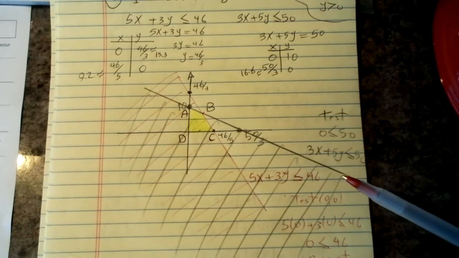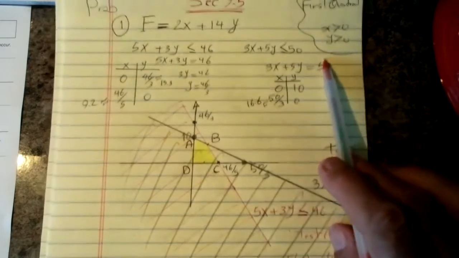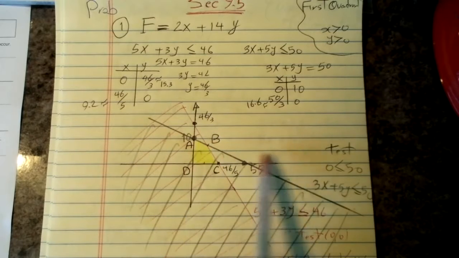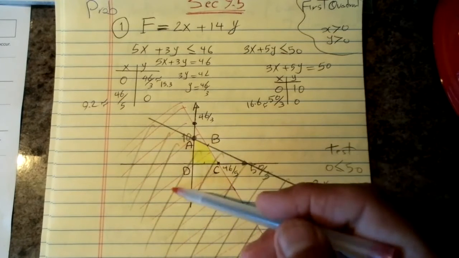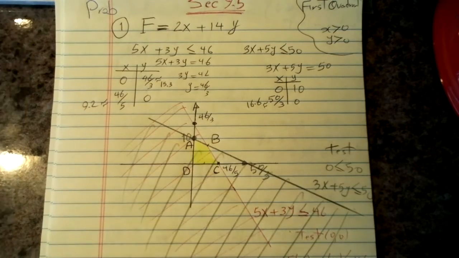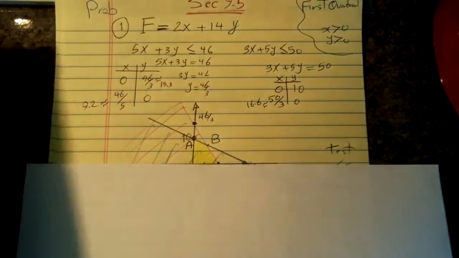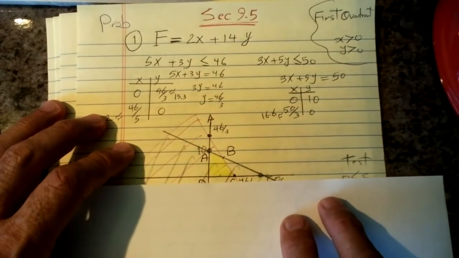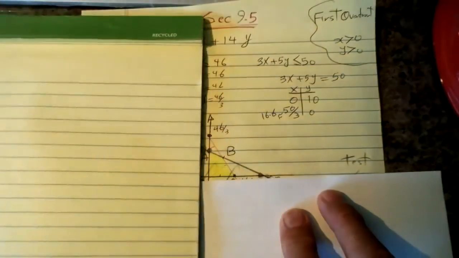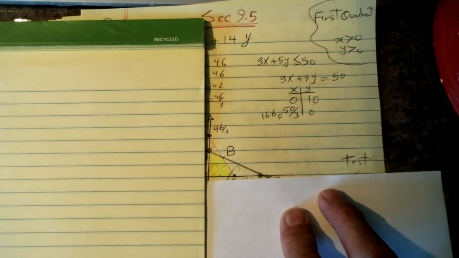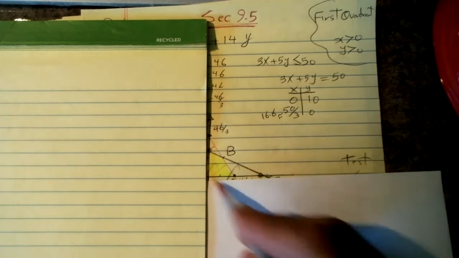They also mention in the problem that x and y are both greater than or equal to 0, which means you must be in the first quadrant. Anything which is not in the first quadrant, just disregard that. This is the first quadrant.